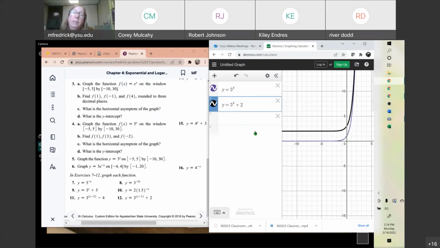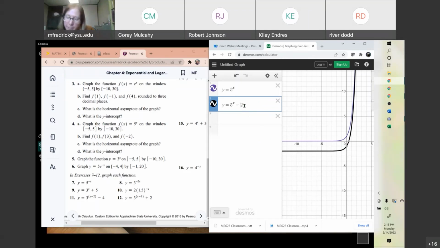If I put a -2, it moves down 2. And this works for your parabola, your straight line, your cubic function, your square root, the absolute value. So it's an important rule, especially if you're going further in math classes.